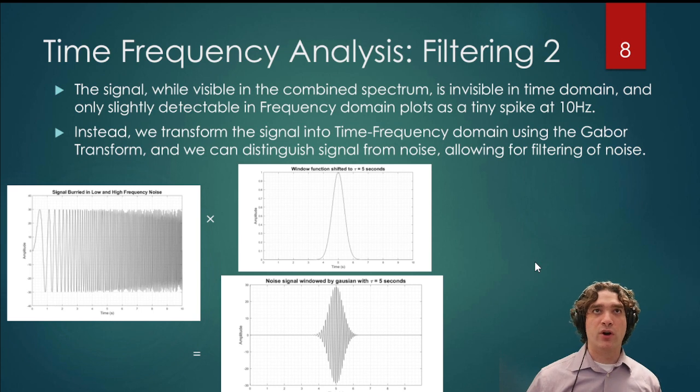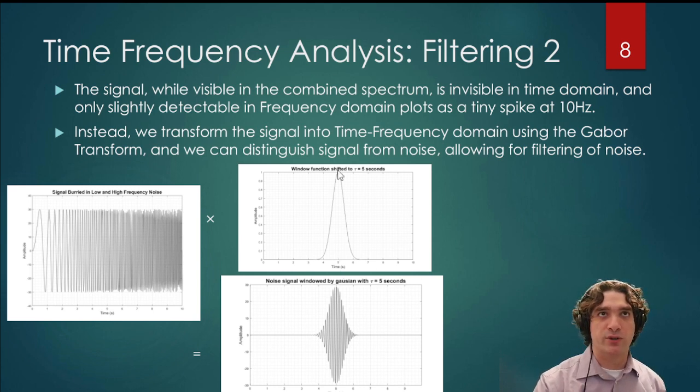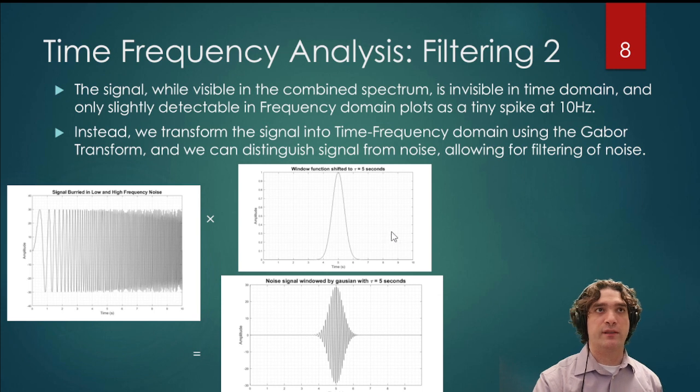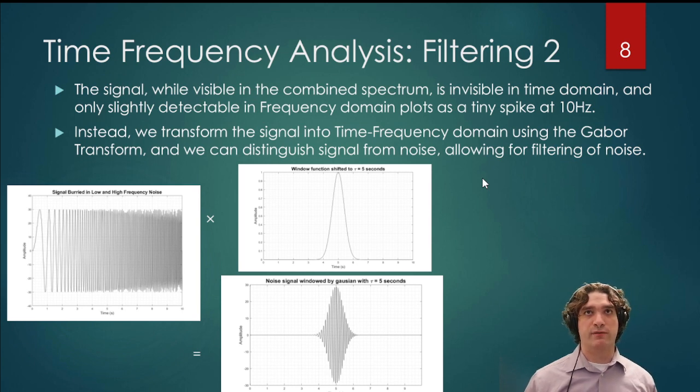This will make one column of the time frequency plot centralized at time tau, which in this case is tau equals 5 seconds. Then this window will slide along the entire length of the signal to produce various windowed versions of the signal, which will create the time frequency plot when you transform it into frequency domain using the FFT.